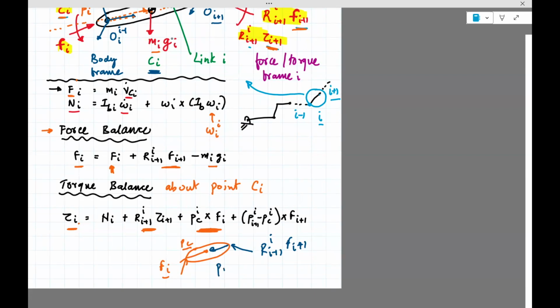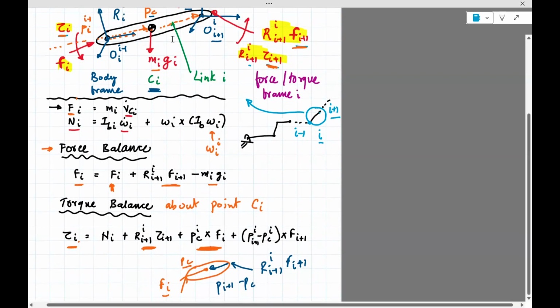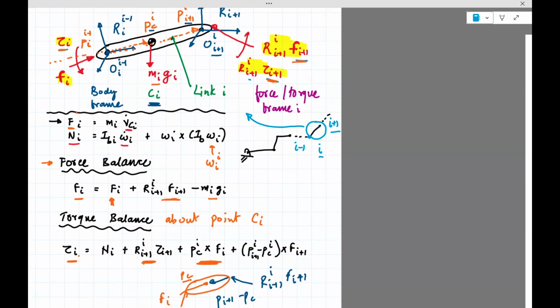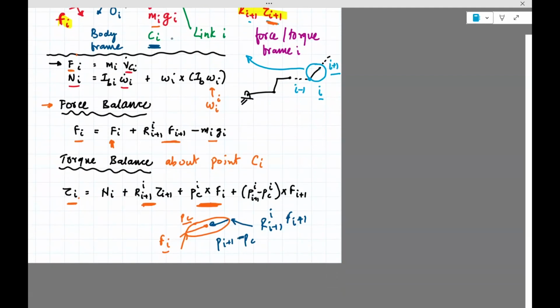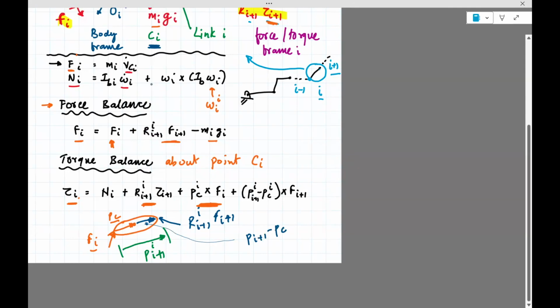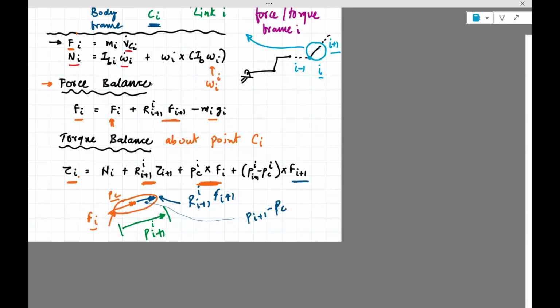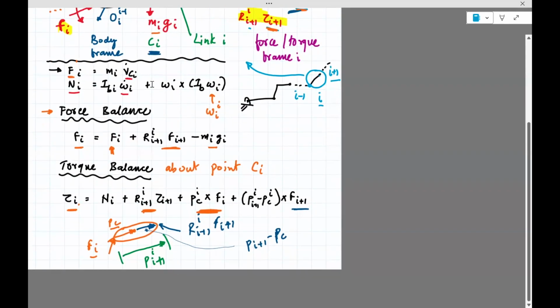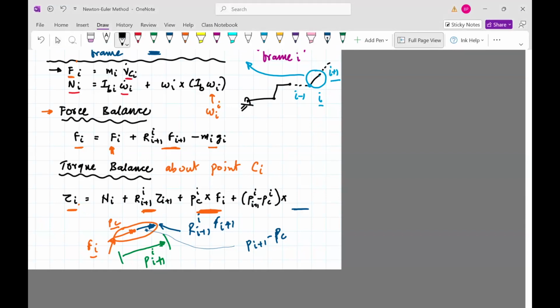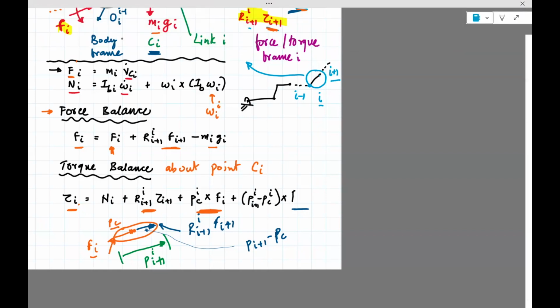That distance is Pi plus 1 minus Pc, Pi plus 1 being the distance from this point to that point. So that too, Pi plus 1 minus Pc. I think I'm missing something here. Let me quickly check. I think there's a Ri plus 1 i which is missing there. This should be Ri plus 1 i. Okay, I think it looks fine now.